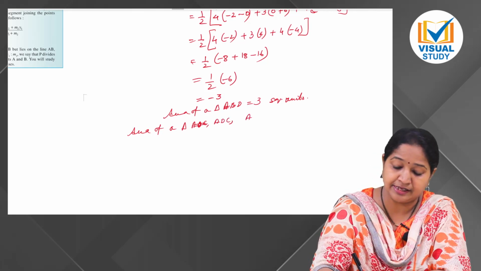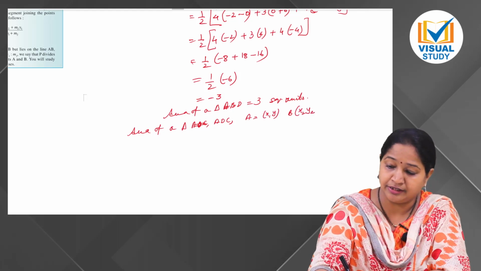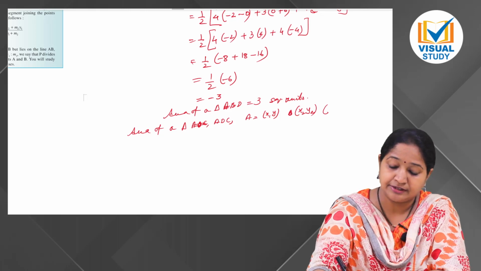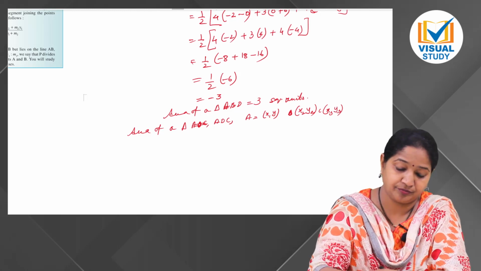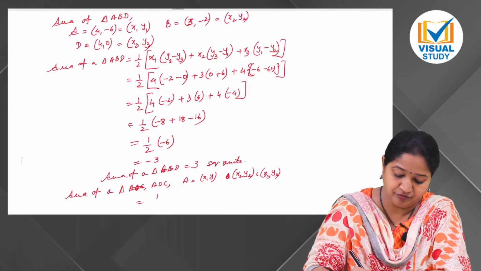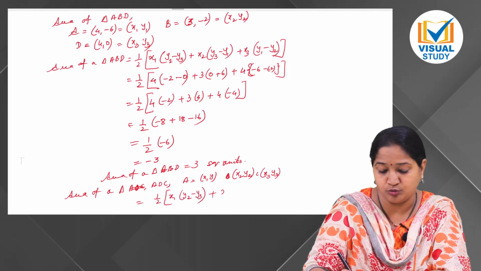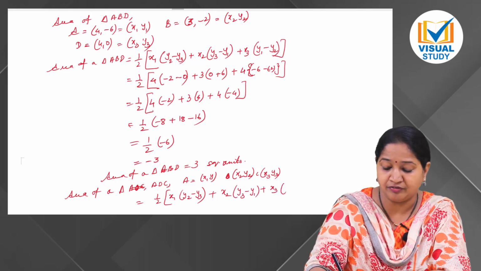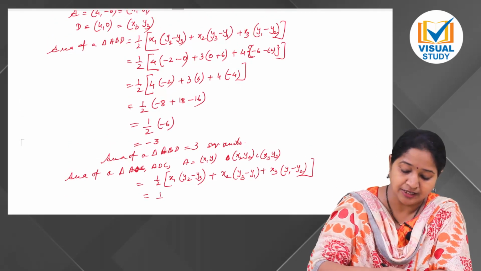Again, A is x1 y1, D is x2 y2, and C is x3 y3. Half into x1 (y2 minus y3) plus x2 (y3 minus y1) plus x3 (y1 minus y2). Put in the values and find the answer.